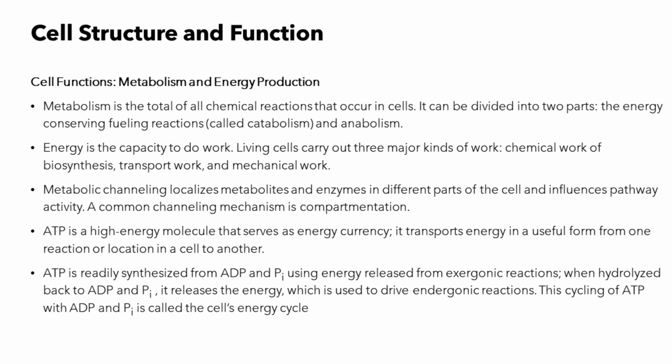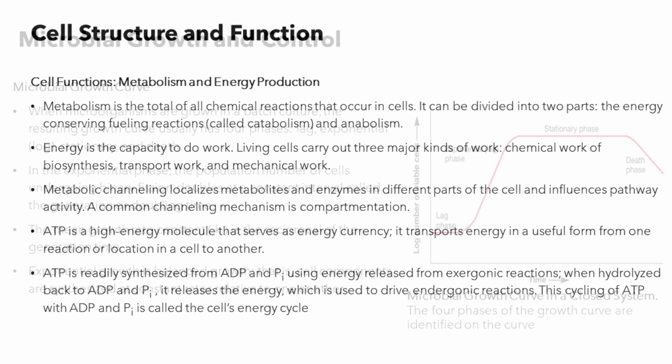When hydrolyzed back to ADP and Pi, it releases the energy, which is used to drive endergonic reactions. This cycling of ATP with ADP and Pi is called the cell's energy cycle.